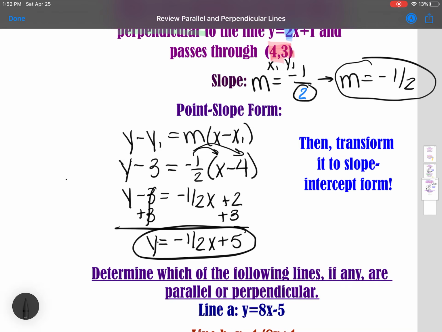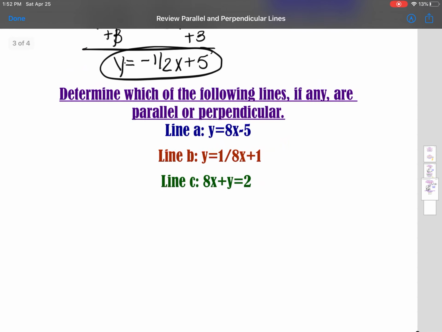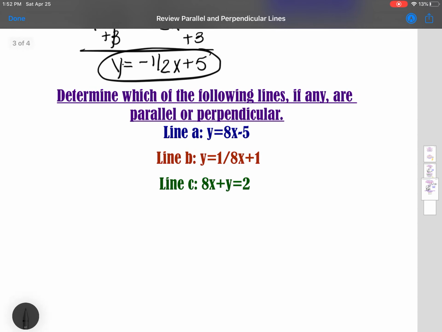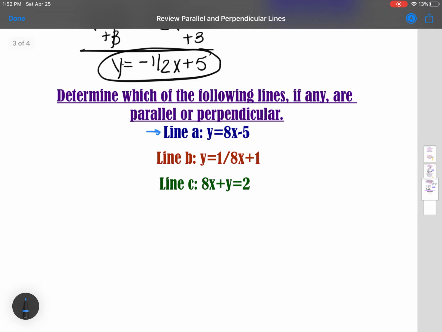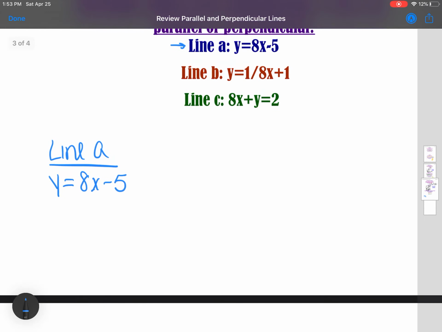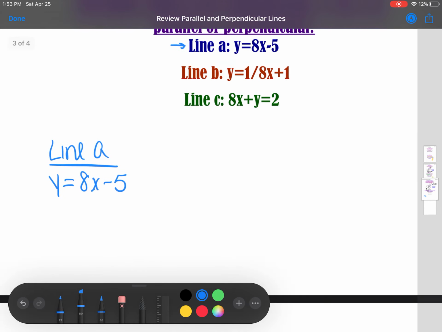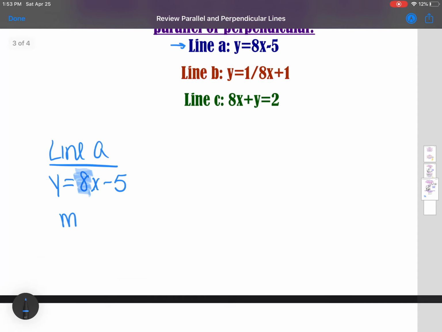All right, my last problem of the day for us to do: determine which of the following lines, if any of them, are parallel or perpendicular. So I purposely wrote these in 3 different colors so that we can go through them, determining the slopes, and figure out if we're good. So line A, y equals 8x minus 5. My slope in this one, the m, equals 8.